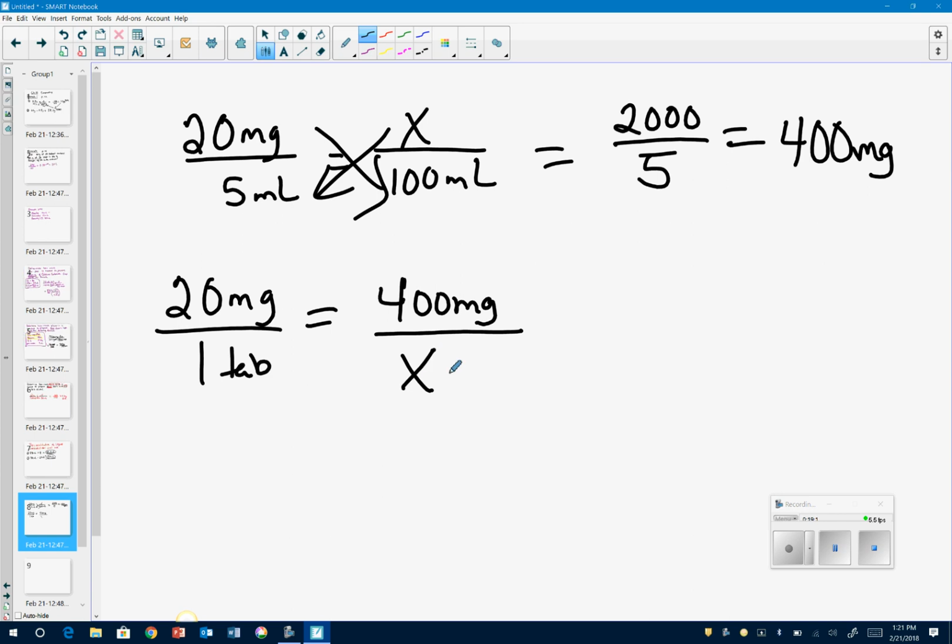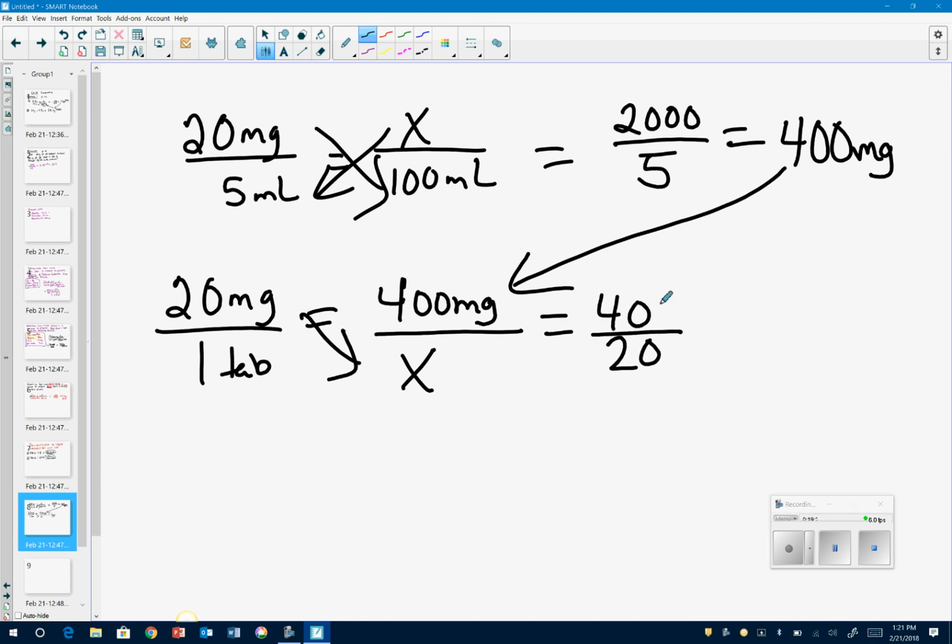You get the 400 from the first step. So then you cross multiply. 20 always goes on the bottom because you multiply it by x. 400 times 1 is 400. Then you can mark out your 2 zeros as shorthand. 40 divided by 2 is 20. So your answer is 20 tablets.